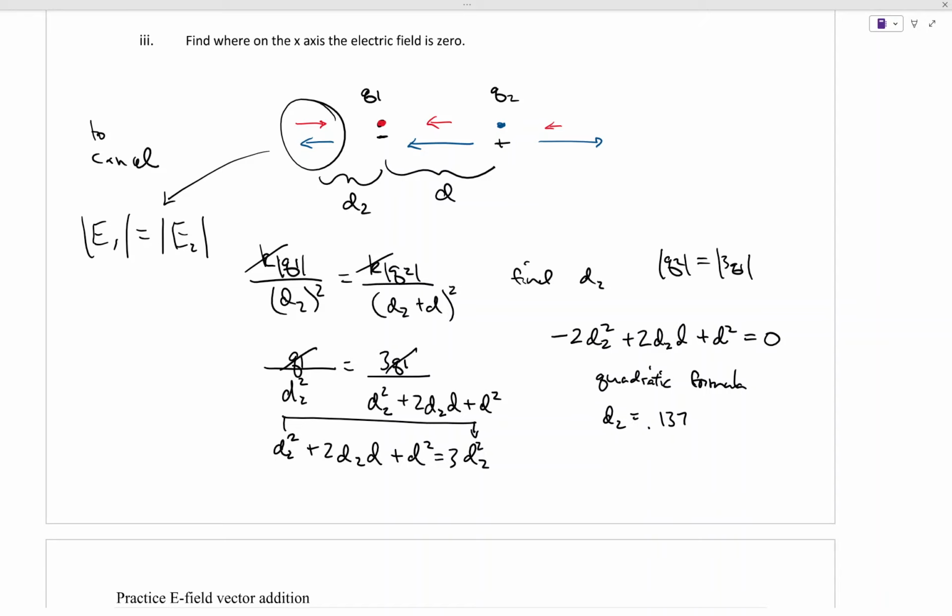The exact number isn't so interesting, it's more just to reason out where the electric field would cancel.